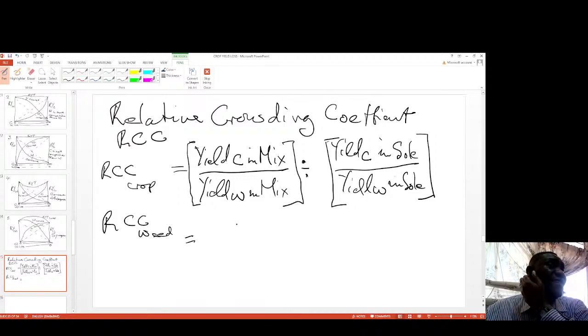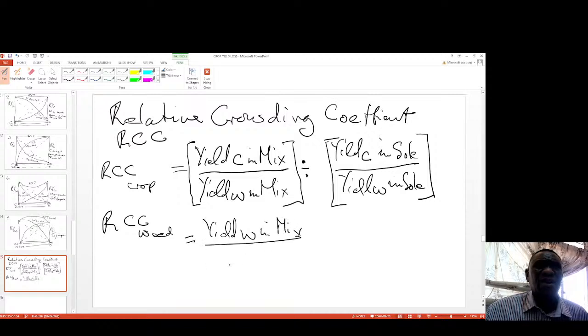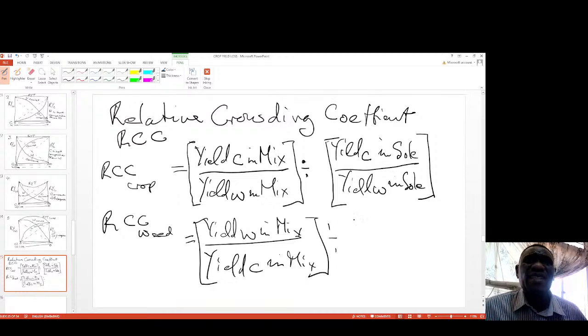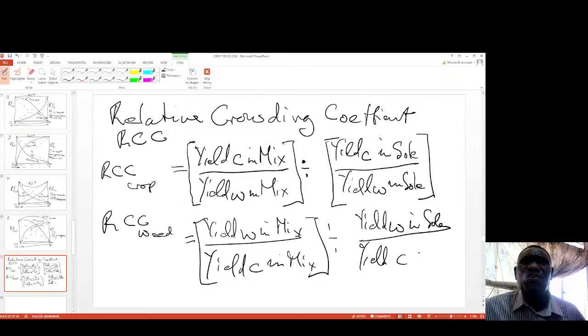Now in this case we have yield of wheat in mixture over yield of crop in mixture, all this in brackets, divided by yield of weed in sole over yield of crop in sole, everything in brackets.